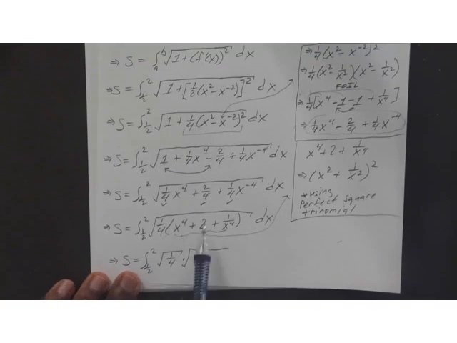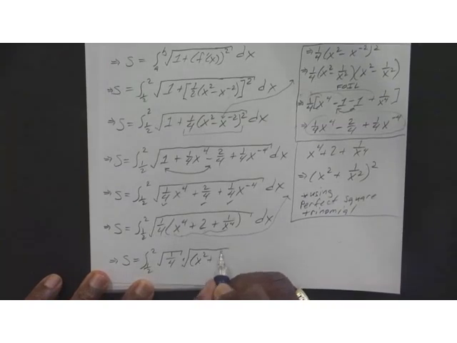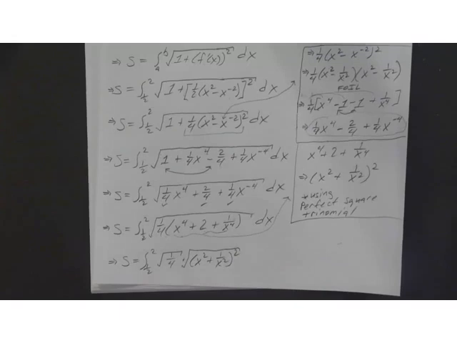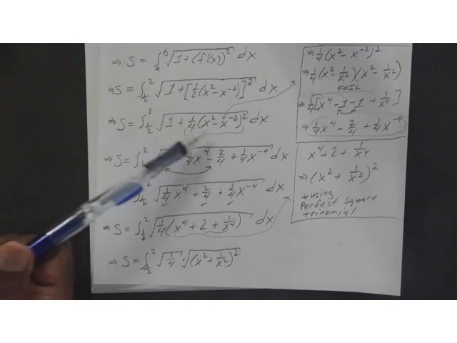So now this becomes, instead of multiplying it by the square root of x to the fourth plus 2 plus 1 over x to the fourth, we can multiply it by the square root of x squared plus 1 over x squared, squared. Because we couldn't do that up here because you had multiple terms.